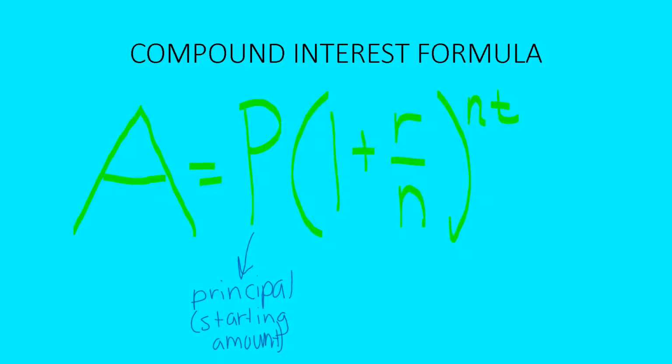The N represents the number of times the money is compounded in a year. And notice there are two N's in this equation.